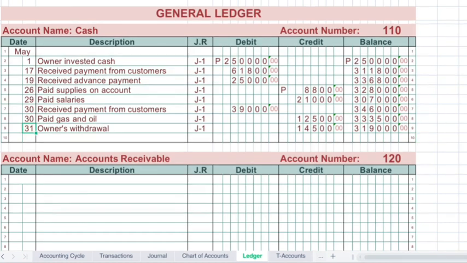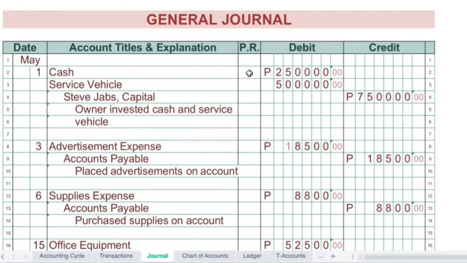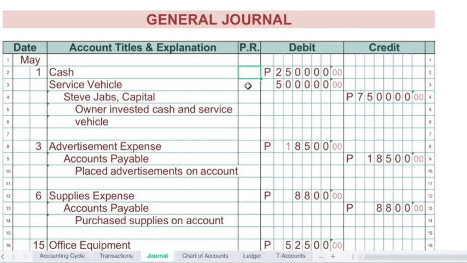After natin i-transfer, i-post yung entries natin from the journal to the ledger, babalikan natin yung journal natin, and then mag-i-input tayo dun sa ating posting reference. So, for example, on May 1, once na na-transfer na natin siya dun sa ledger, ilalagay na natin yung account number. Okay, so 110, so si cash, 110.